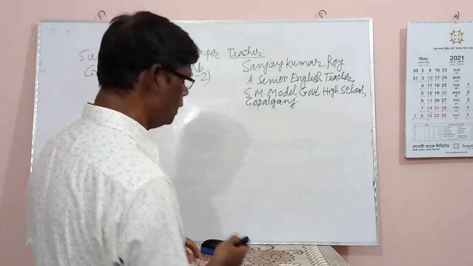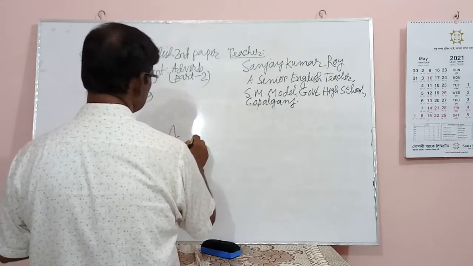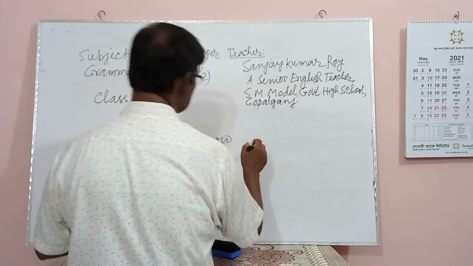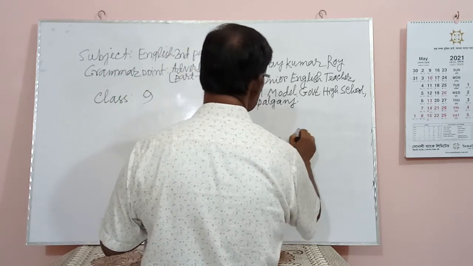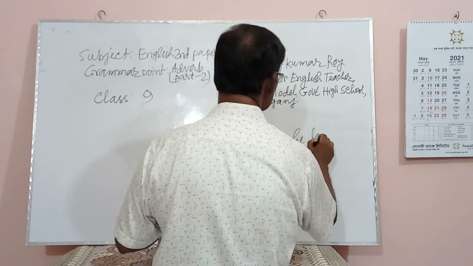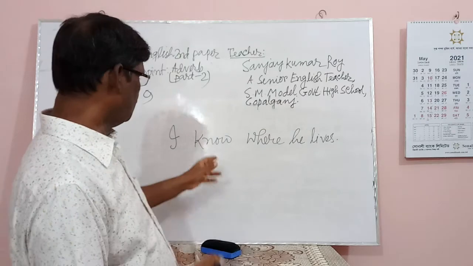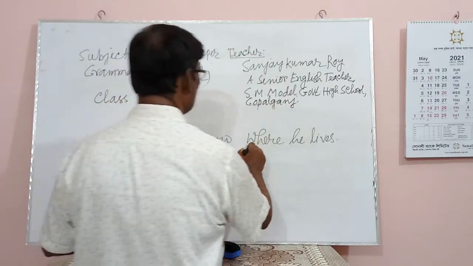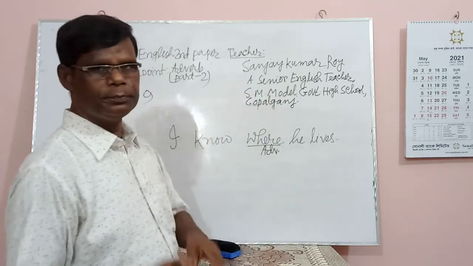Now look at the sentence. I know where he lives. Here, "where" is an adverb.